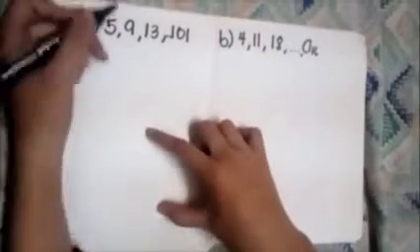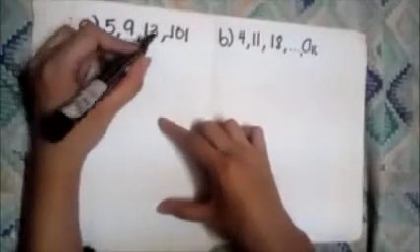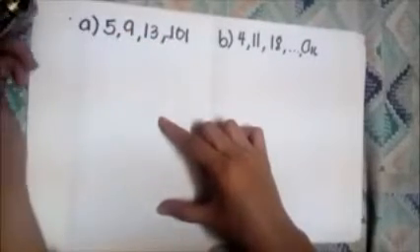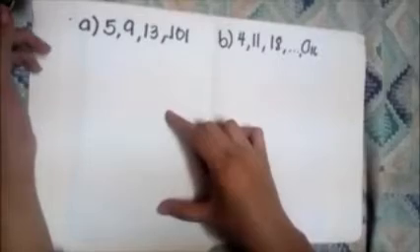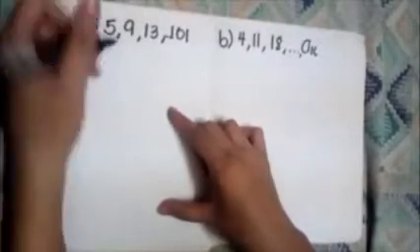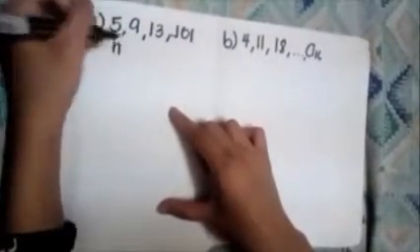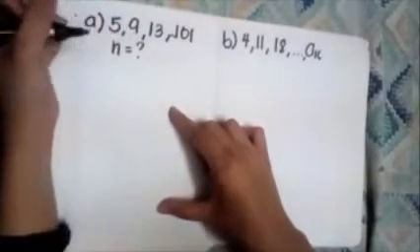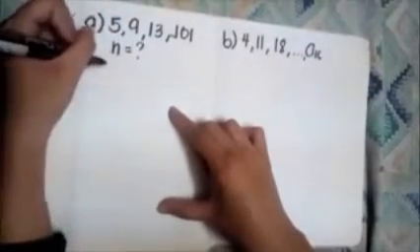So, let's have an example. Here we have 5, 9, 13, and so on until it reaches 101. So we have a missing term, which is the number of terms. So we must use the explicit formula.